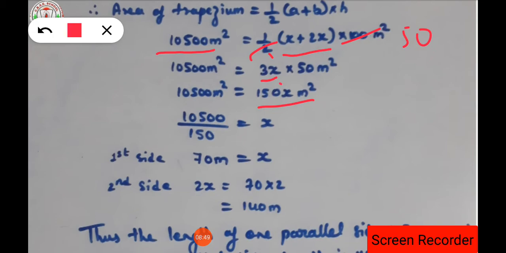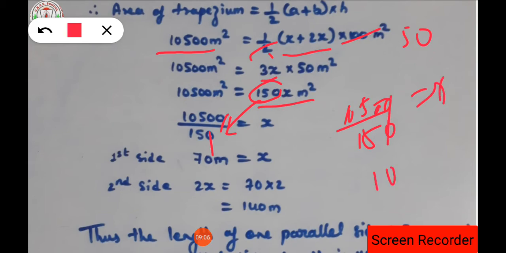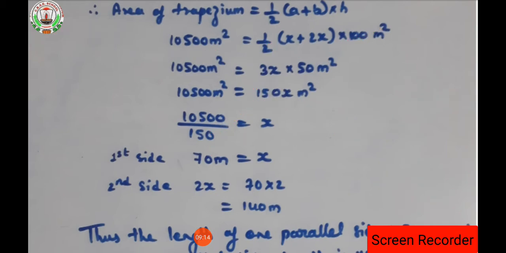Okay. Now this 150 will go in the denominator of 10,500 to find the value of x, isn't it? So 10,500 upon 150 is equal to x. Zeros will get cancelled. So 1050 will be divided by 15 to get the answer as 70. So what is the first parallel side value?